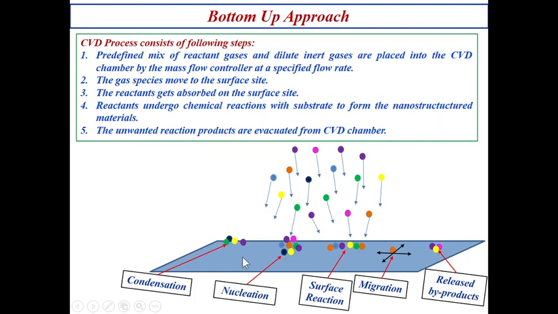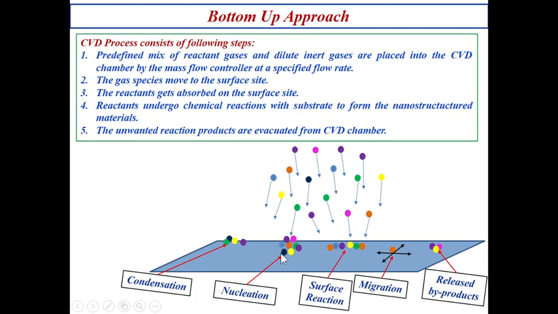That means when they are absorbed on this surface, the reactants undergo the chemical reaction, or nucleation starts. The nucleation starts due to chemical reactions between these reactants and the substrate.